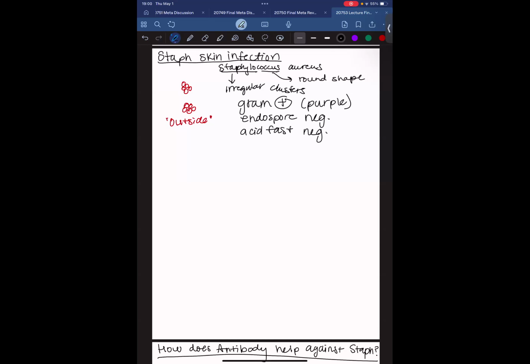If we were to grow this on mannitol salts agar, I know this is lab stuff, but we're bringing it back, okay? So mannitol salts, what was our selective agent? So this is just regular salt this time. The differential was whether or not it fermented mannitol.